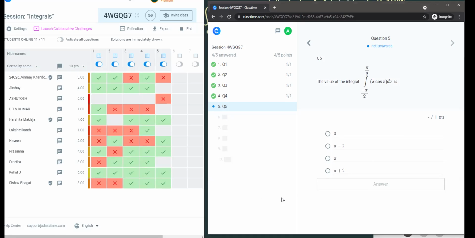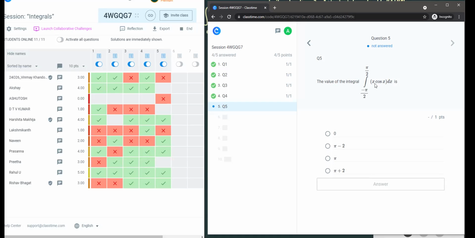Okay. The answer is pretty straightforward. x is odd, cos x is even. So when you replace this x by minus x in this expression, cos of minus x is cos x, and this becomes minus x. So it is minus x cos x.